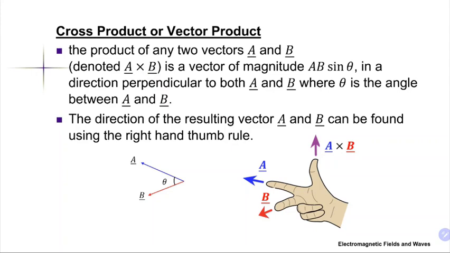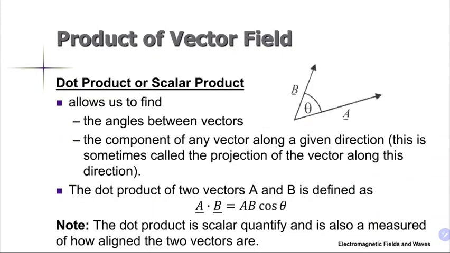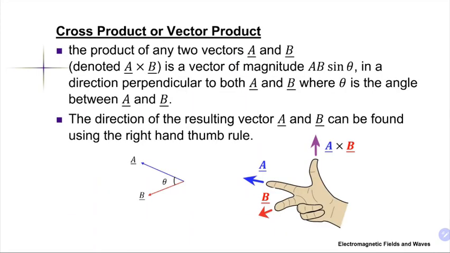Just now with the dot product, I took two vectors and ended up with a scalar, which doesn't have direction. It's just a magnitude. With a cross product, what you end up with is another vector.